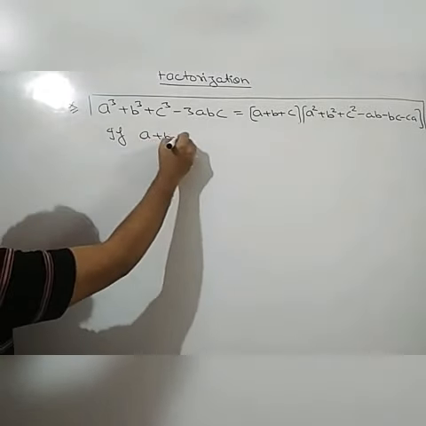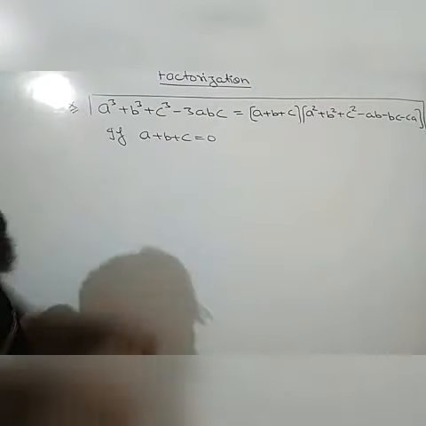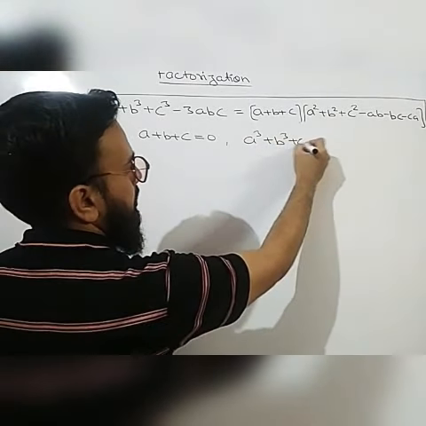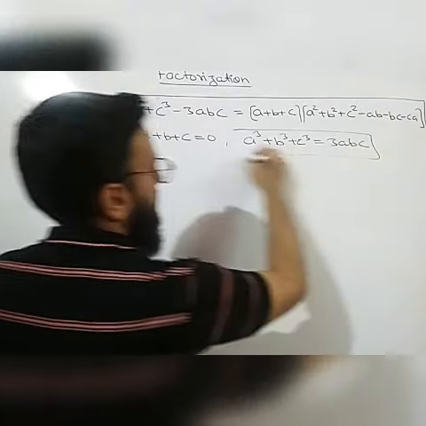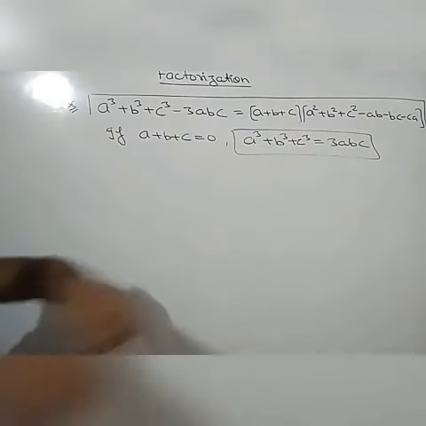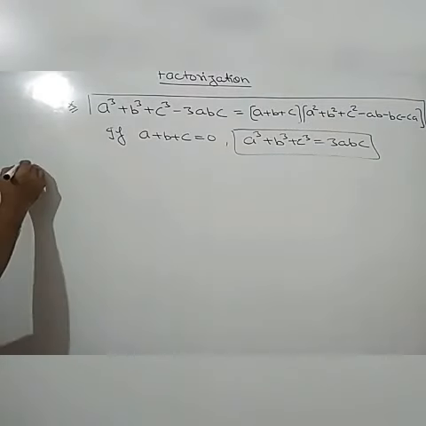If a plus b plus c equal to 0, that I told you earlier. If a plus b plus c is equal to 0, then what happens? A cube plus b cube plus c cube will be equal to 3abc. Now we are coming to this type of question. If a plus b plus c is equal to 0, then a cube plus b cube plus c cube is equal to 3abc. So let us solve one question.